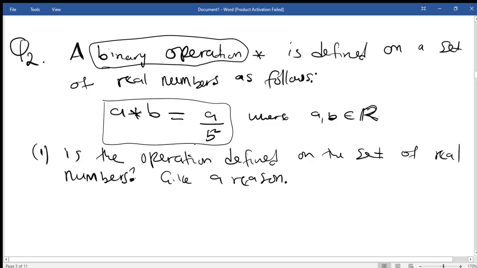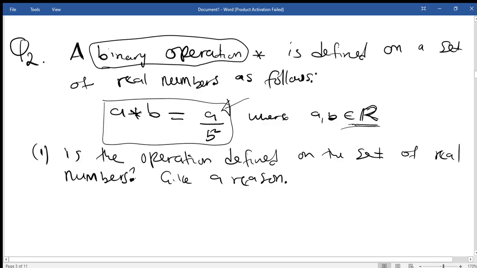So we're simply saying that if this is defined, what is going to happen is that if we perform A star B equals to this expression, if A and B are in the set of real numbers, even the outcome after the operation should also be contained in the set of real numbers. That's the concept.